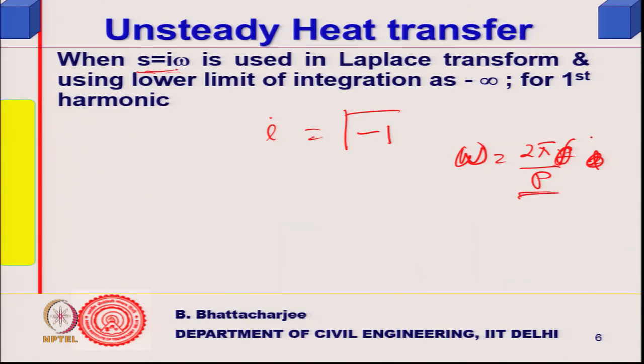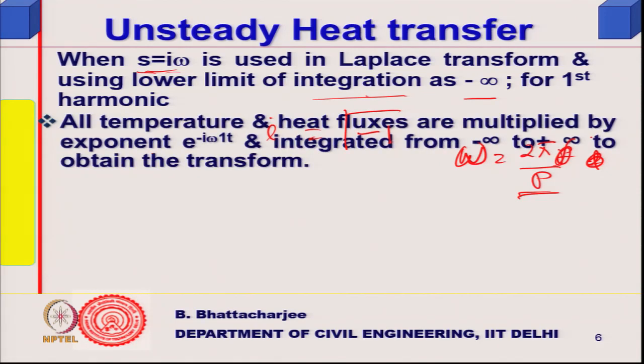So, if I replace this in the Laplace transformation, with the lower limit of integration as minus infinity, for the first harmonic you can see that all temperature and heat fluxes are multiplied by the exponent e to the power i omega t. Let us see how we do it.